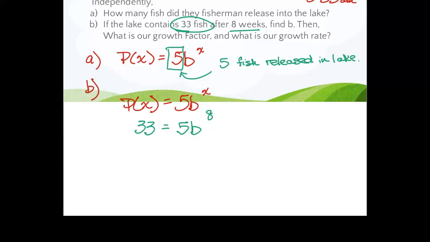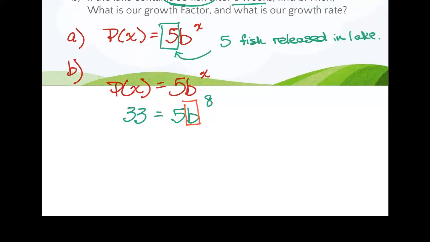All right, so then we have to try to solve for B. In solving for B, what would I do? Okay, first of all, you want to divide by 5. So divide both sides by 5. Yes, this is part B. 5s cancel out. 33 fifths, does that come out to a whole number?